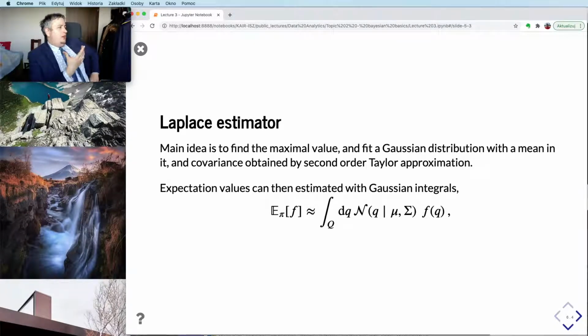So it is essentially an extension of our posterior with a Taylor approximation around its maximum.